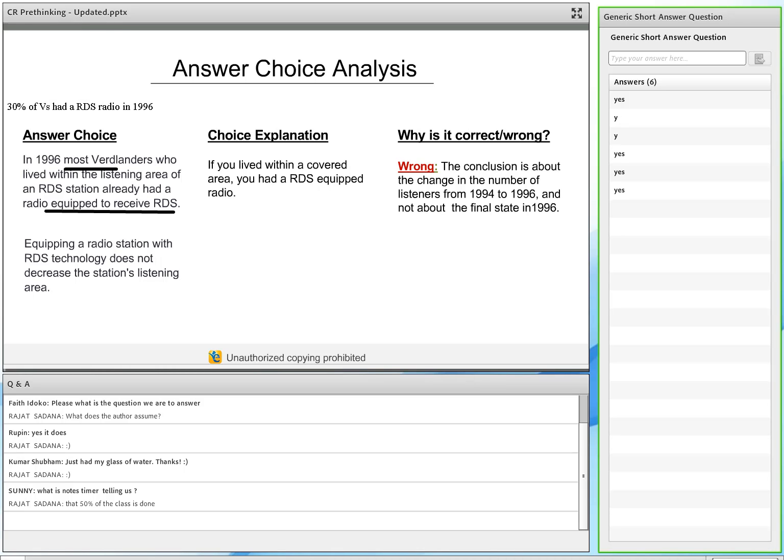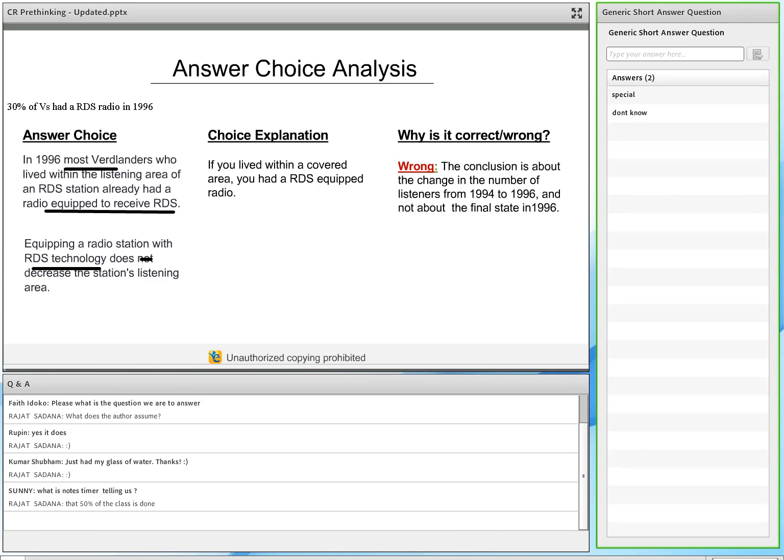Then what happens to the range? Does it matter? Let's say equipping a radio station with RDS technology does indeed decrease its listening area. Which programming does it impact? Does it impact special programming or non-special programming? What is my range of special programming from a radio station if it doesn't have RDS technology?